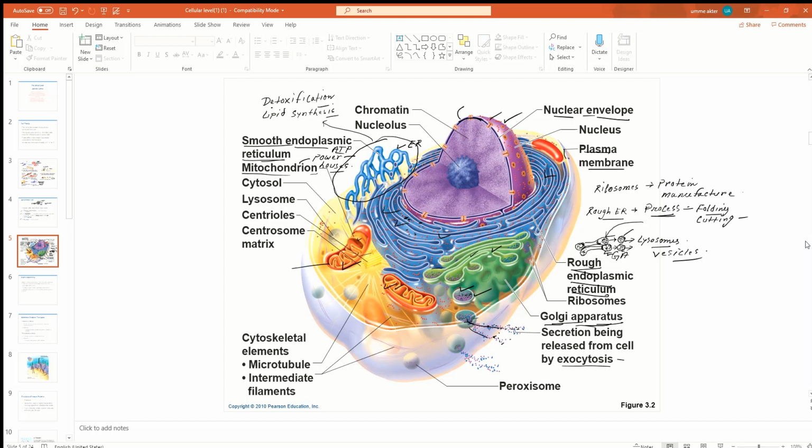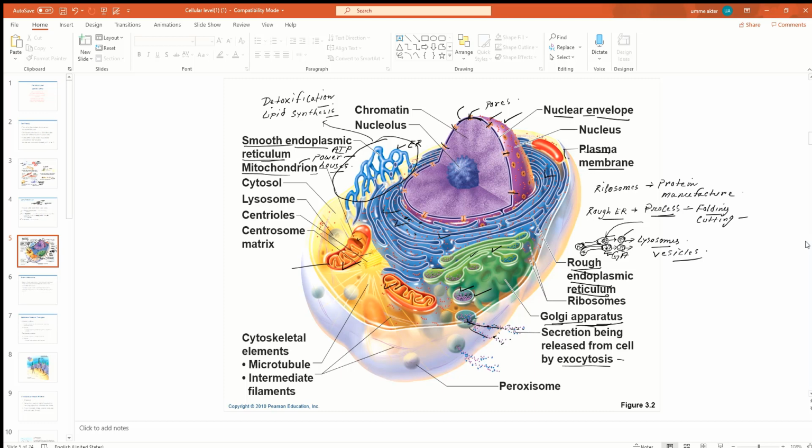In the nuclear envelope, you see there are many pores, channels, or openings. These are called the nuclear pores, so the chemicals can get out from the nucleus.